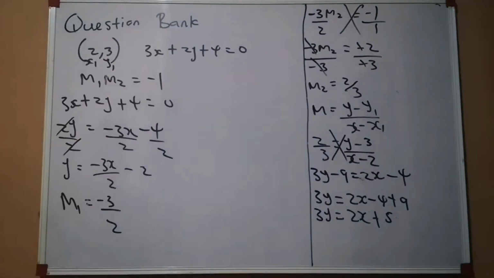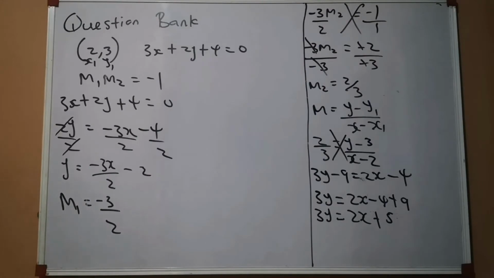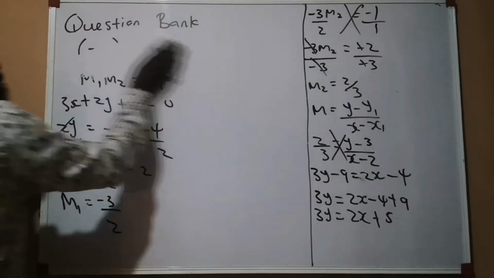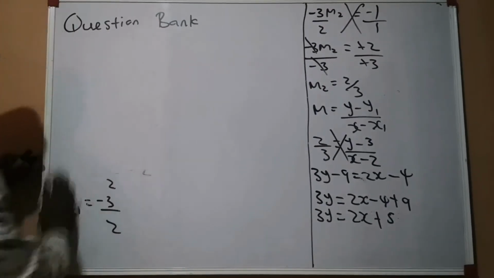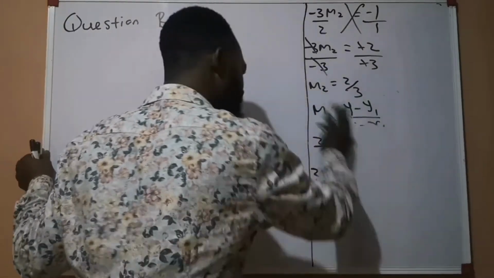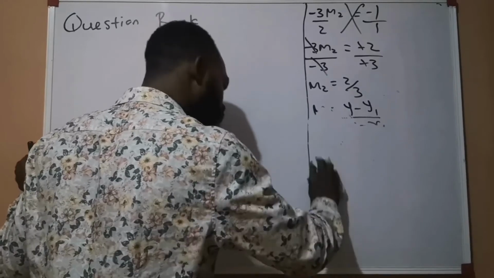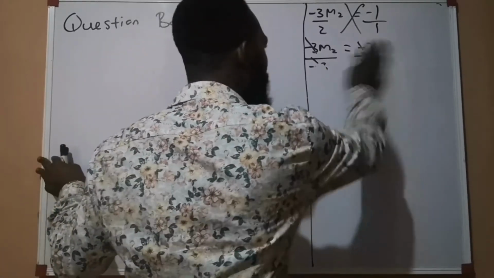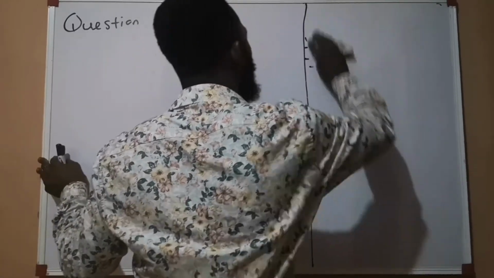Now before I take question number 2, I want to explain something. When you are solving for the area of a triangle with vertices, you need to understand the formula.